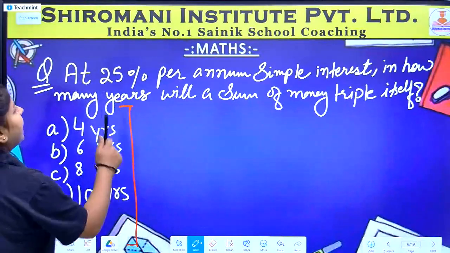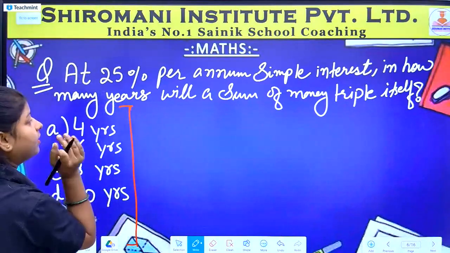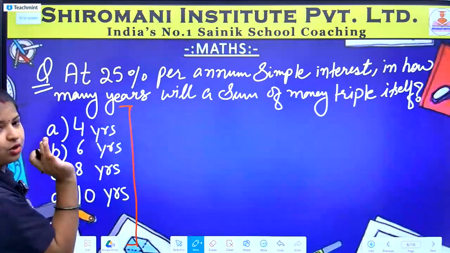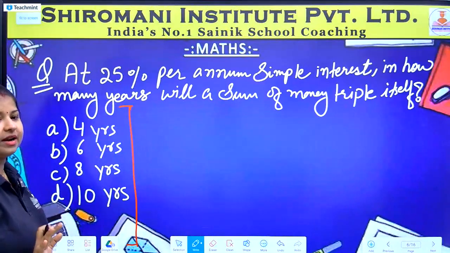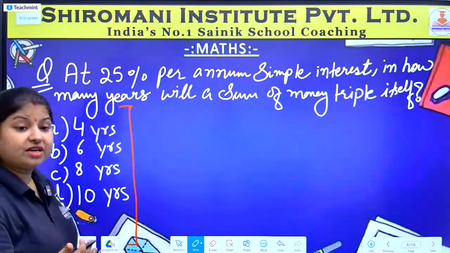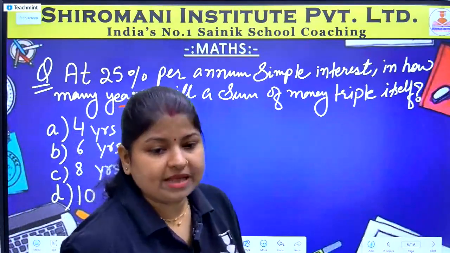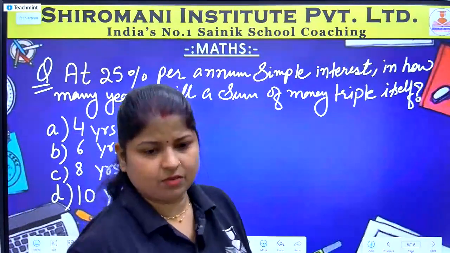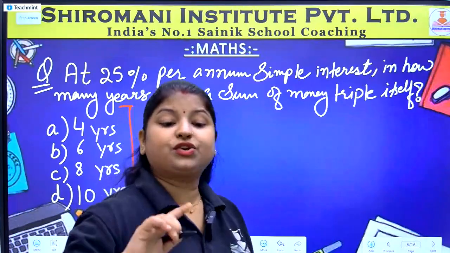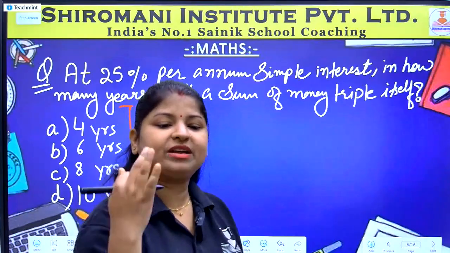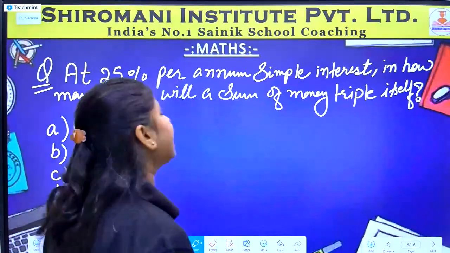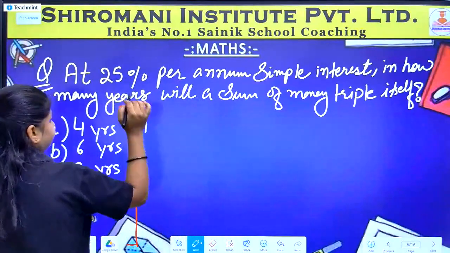Okay, see, at 25% per annum simple interest, the rate is known to be 25% per annum. The question further says that I don't know the principal, but whatever the sum is, it triples itself. Triple itself means it becomes 3 times of itself.